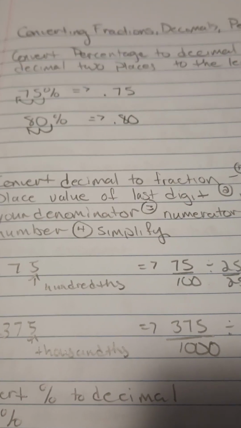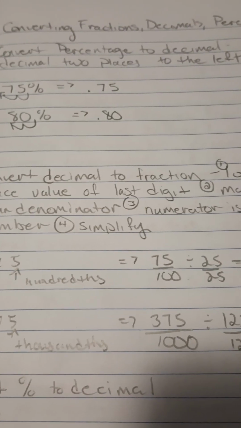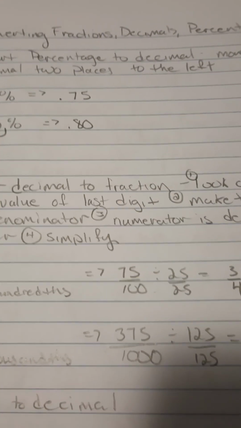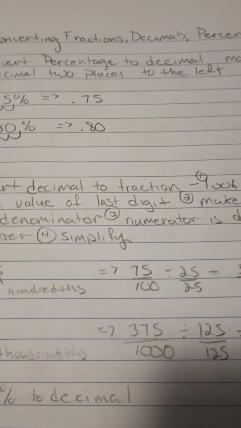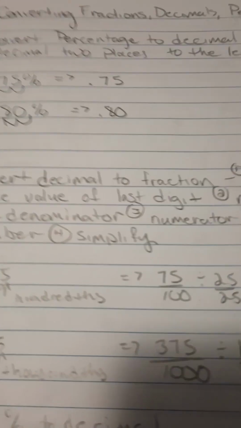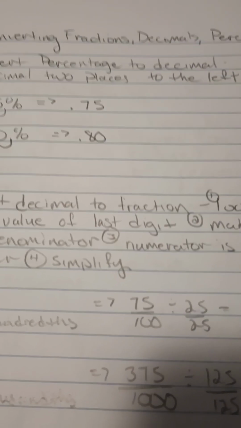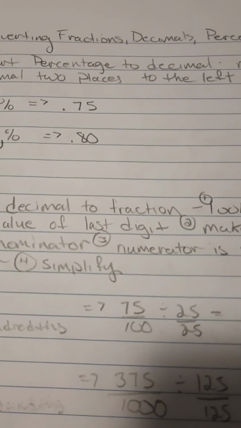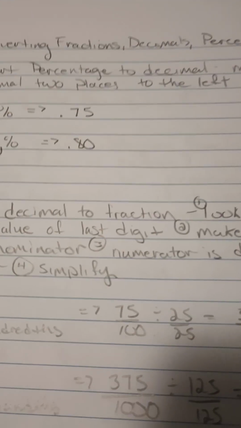You can see in the example, 0.75 is the answer when we're converting 75% to a decimal. We just simply move the decimal point again two places to the left. If I have 80%, then the decimal point is after the zero for 80, and I move it two places to the left, and I get 0.80.